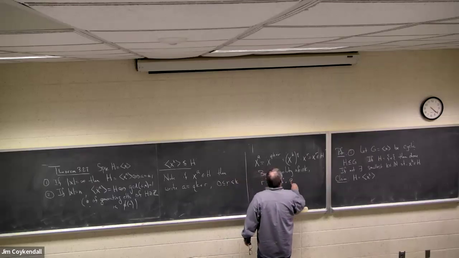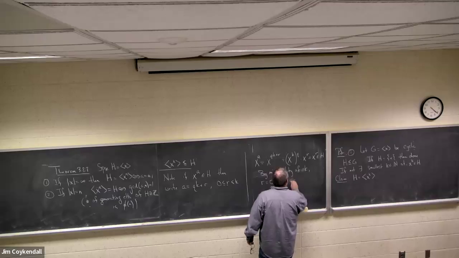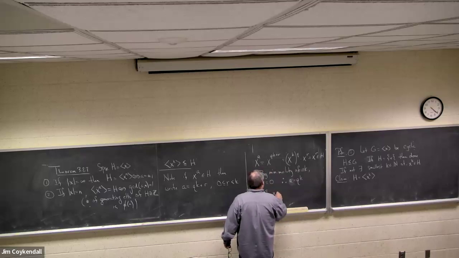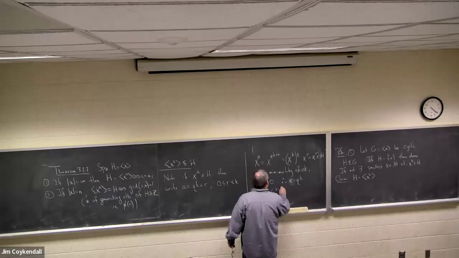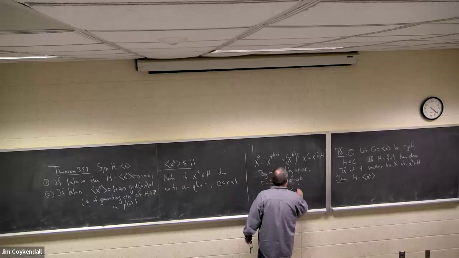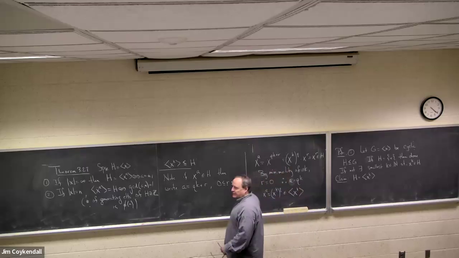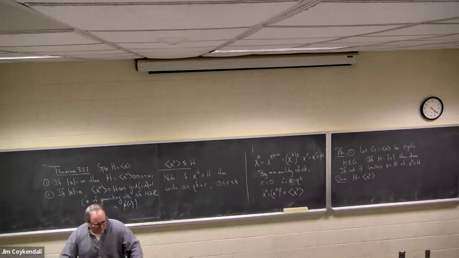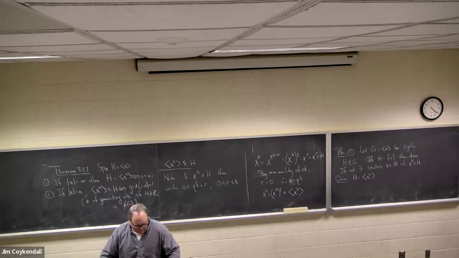Therefore, a equals qk, and so x^a is (x^k)^q, which is in the subgroup generated by x^k. That shows both containments, and so we have our desired result.